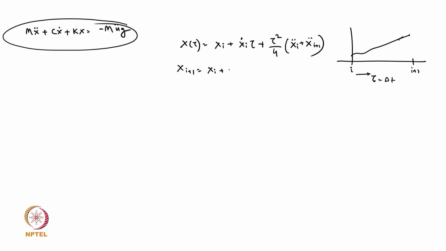So xi plus xi dot delta t plus delta t square by 4 times xi double dot plus xi plus 1 double dot, that I can get. Make sense? What about this one, in a similar manner?